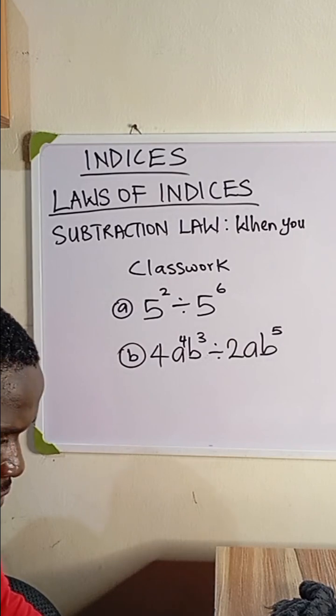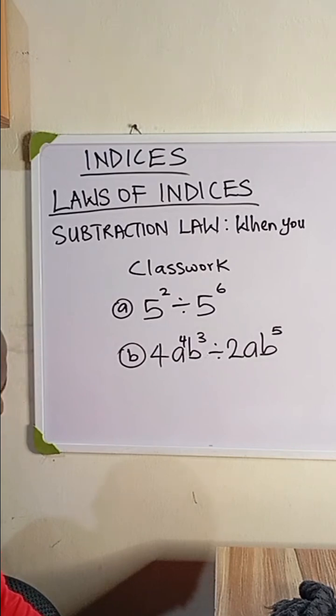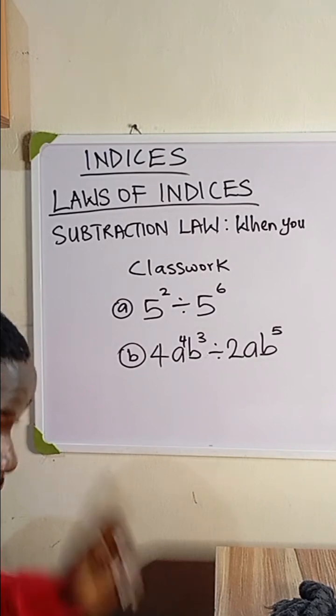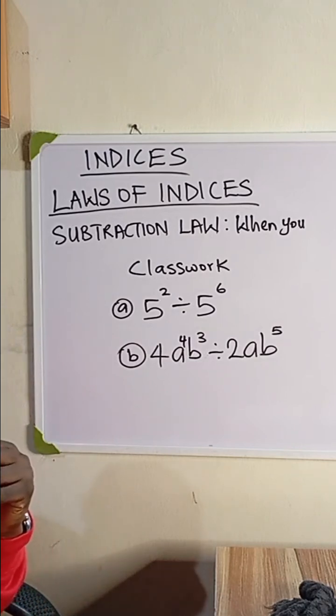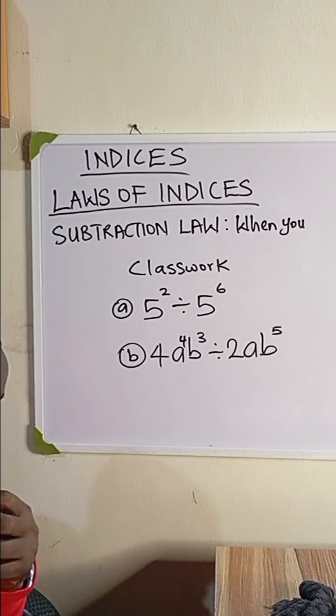Is it 1 raised to minus 4, or is it supposed to be 1 or 5? The minus 4 is correct, but how did you get 1? 5 to the power of minus 4, okay?